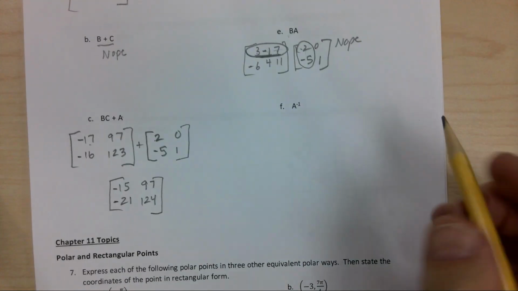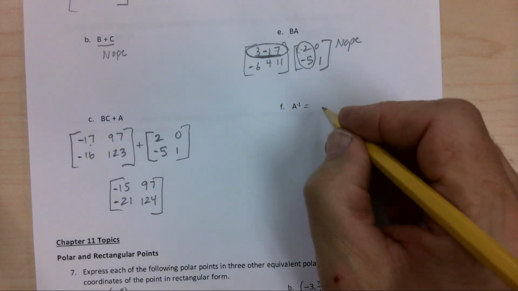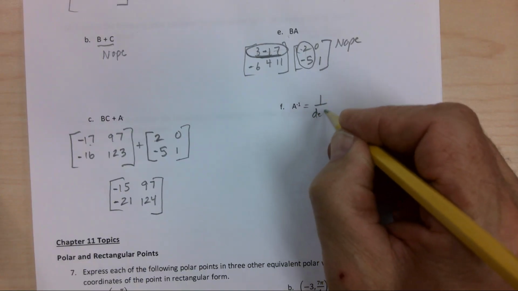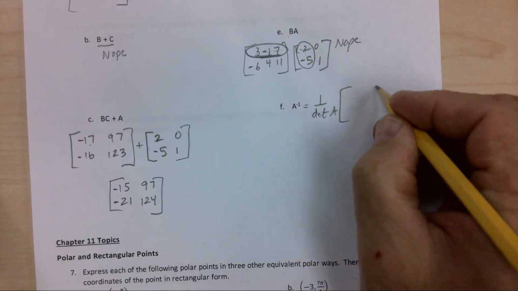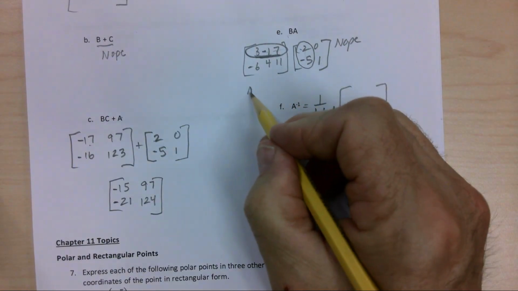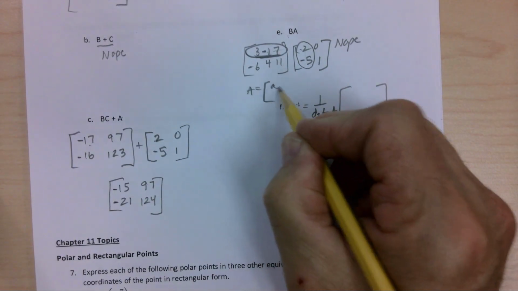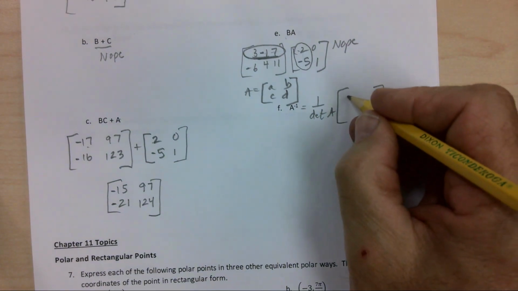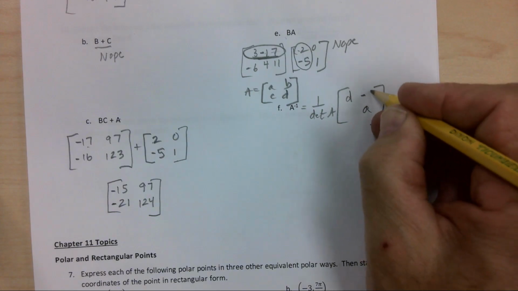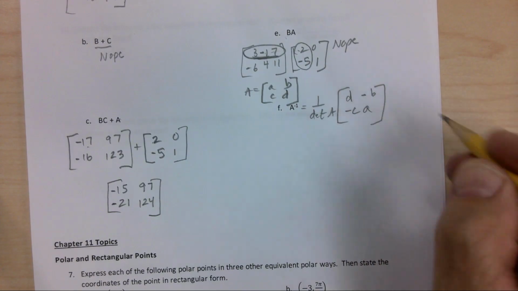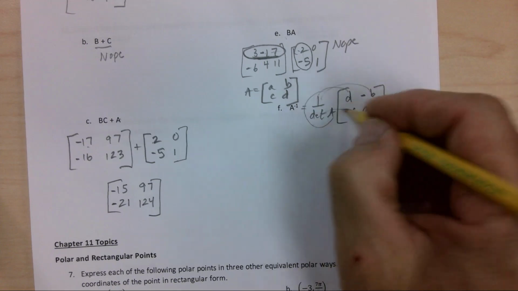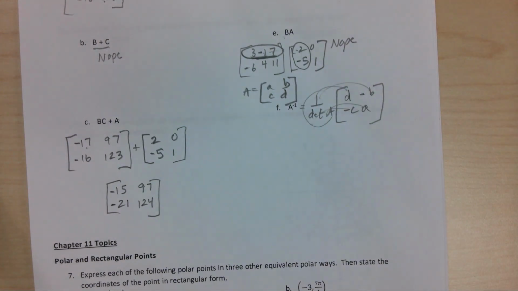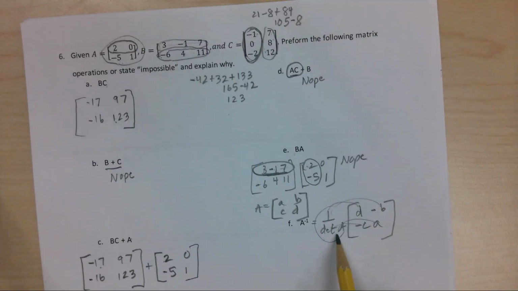Okay, the old infamous inverse function. Remember the formula. It's 1 over the determinant of A. And then if A is A, B, C, D, then the formula is we switch D and A, take the opposite of B, opposite of C, and then we distribute this through all 4 things, and that's kind of the plan here. So what's the determinant of A?